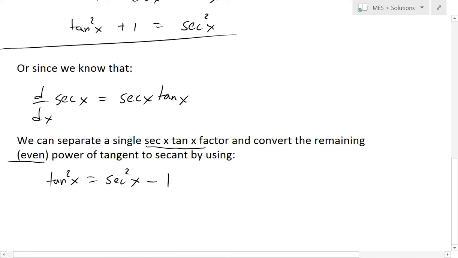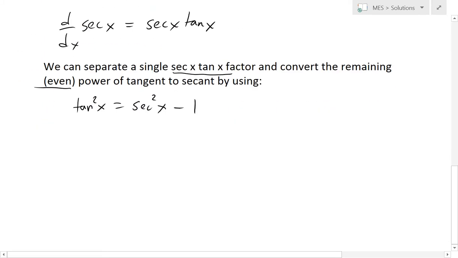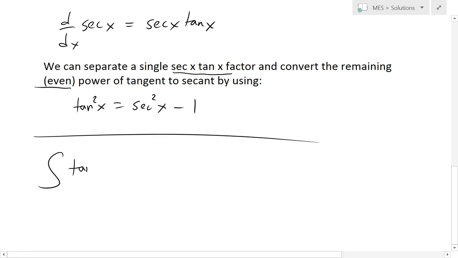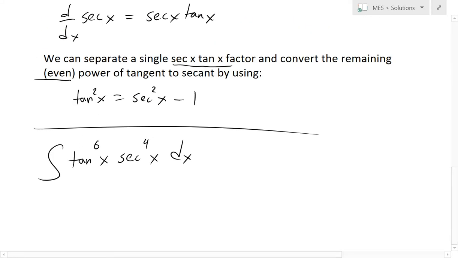Now that I've gone over a brief summary of how we should go about solving examples such as these, let's get back to our example: the integral of tan 6 x secant 4 of x dx. We see secant to the 4, which is even, so we can write it as secant squared times secant squared.